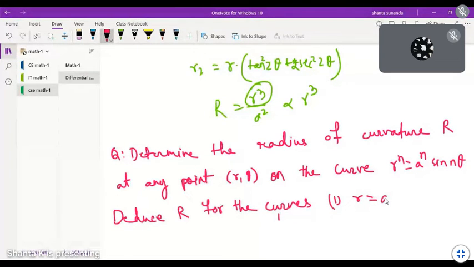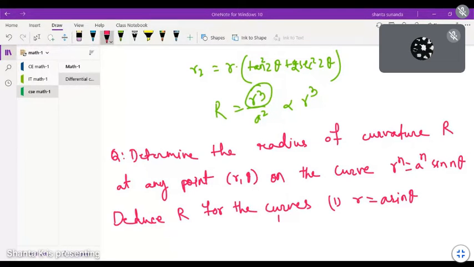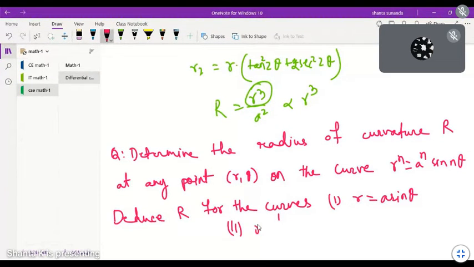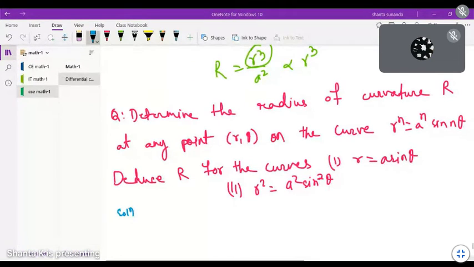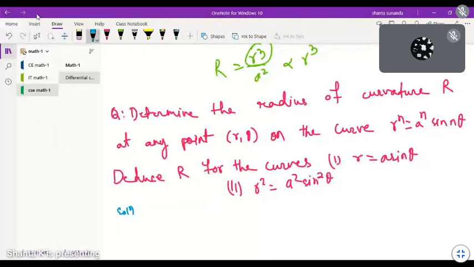R equals a sine theta, then r squared equals... so here, okay, so find it. And that is sine 2 theta or sine squared theta? Sine squared theta. Oh, it's sine, it should be sine 2 theta. Yes.